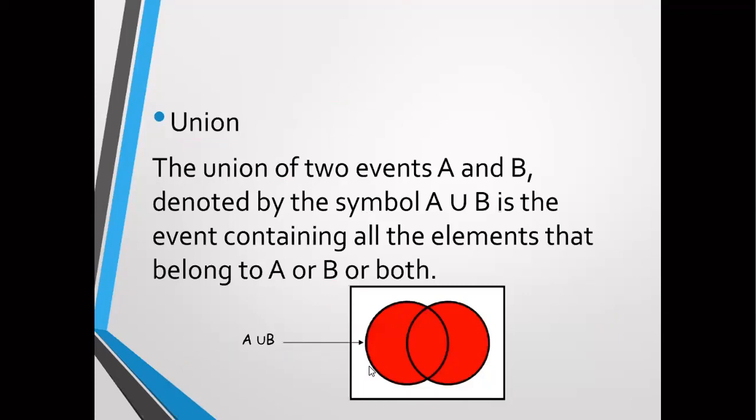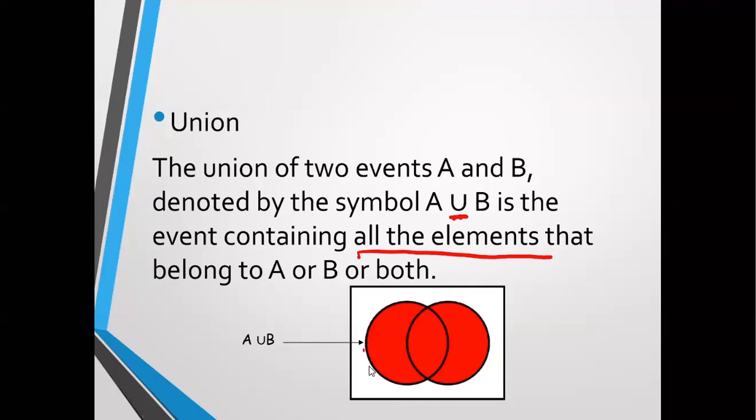The union of two events A and B, denoted by the symbol A union B, is the event containing all the elements that belong to A or B or both. That means A union B means all the elements belonging to A, B, or both. You can see A union B in this diagram, the red color region.